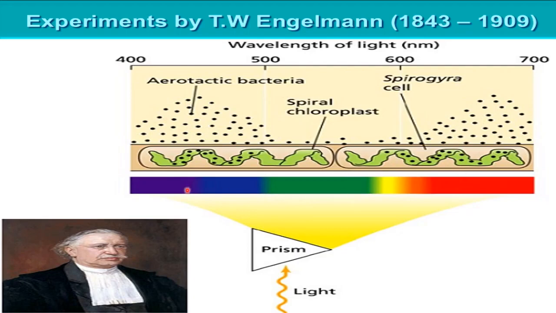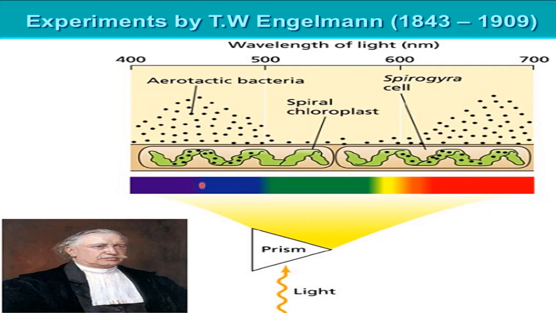In these two regions especially, bacterial growth was found more. Why are these bacteria accumulated here? Because these are aerobic bacteria. These use oxygen for their growth, and these get accumulated in more oxygen releasing areas.